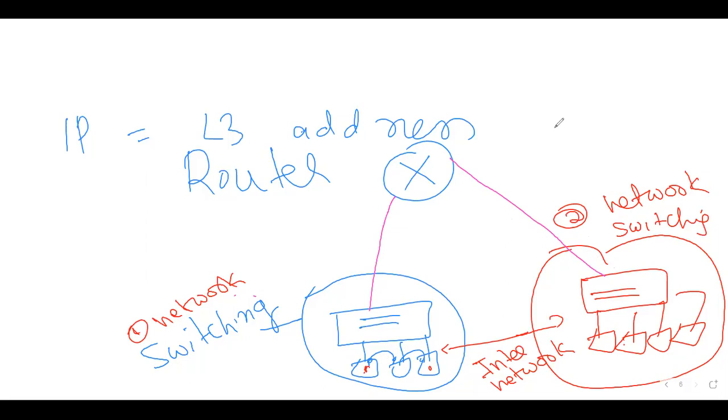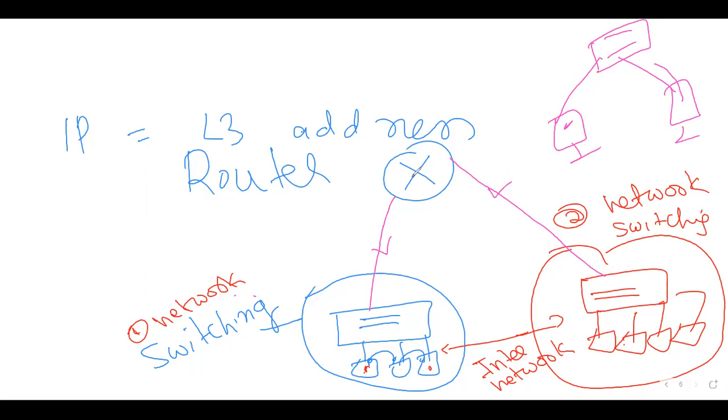What will the switch do? Let's say I'm drawing 2 computers connecting to one switch. What will the switch do? Sending data from one system to another on the same network. The router will do the sending of data between different networks, from one network to another network.